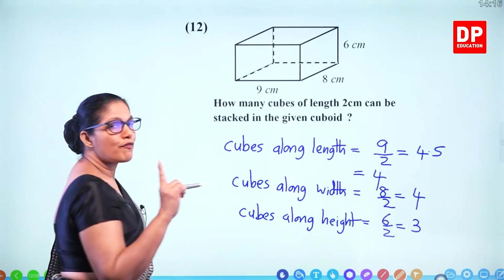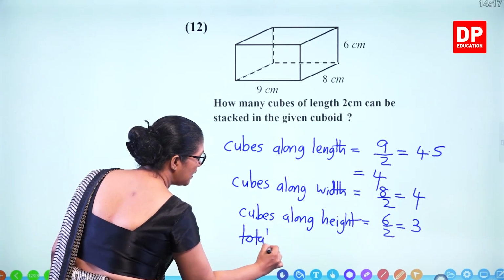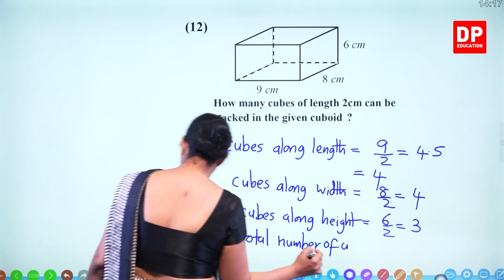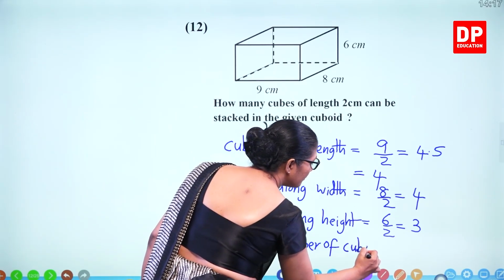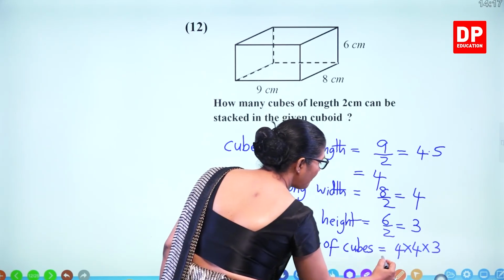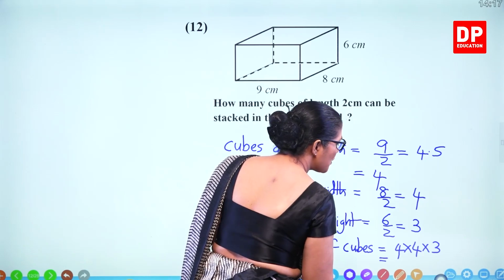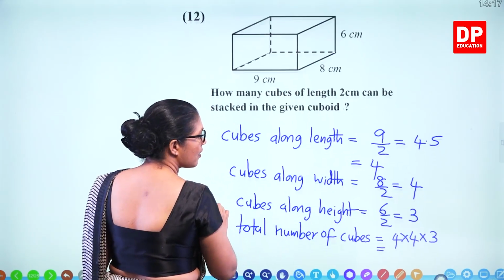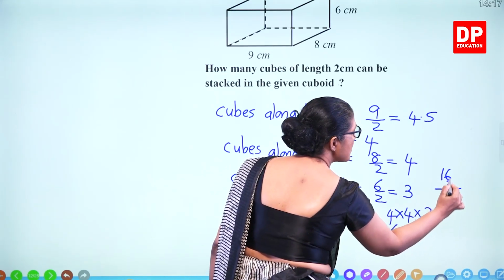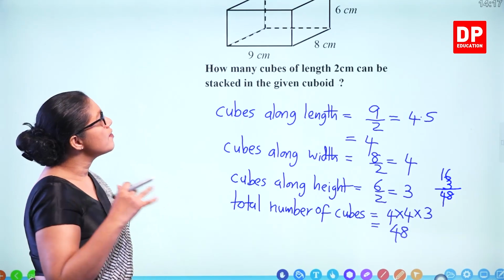So, the total number of cubes, 4 into 4 into 3. 4 times 4, 16. 16 times 3, you get 48. 16 times 3, 3 times 6, 18 and 4, 48 cubes you can fit into this cuboid.